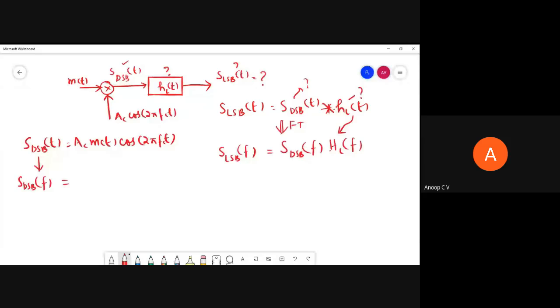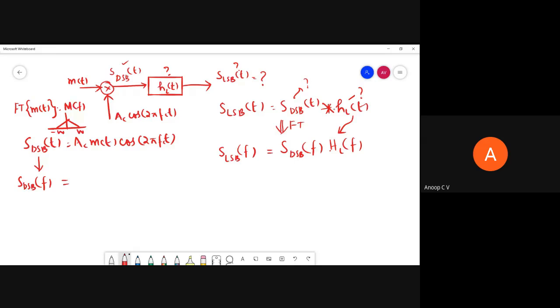So this A_c m(t) cos 2 pi f_c t. If the spectrum of m(t), the Fourier transform of m(t), is capital M(f), and it is a baseband spectrum like this, which spans from minus W to W, this is our assumption.